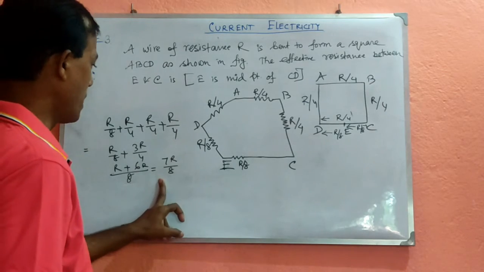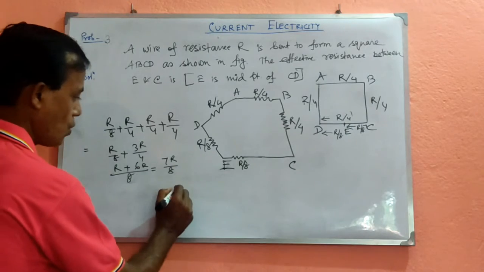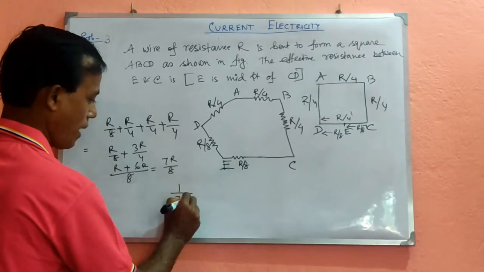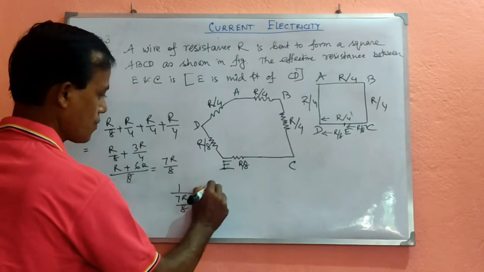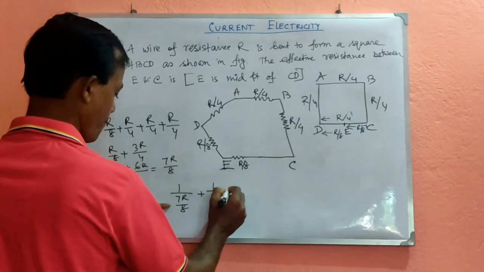Now this 7R by 8 is parallel with this R by 8. So 1 by 7R by 8 plus 1 by R by 8.